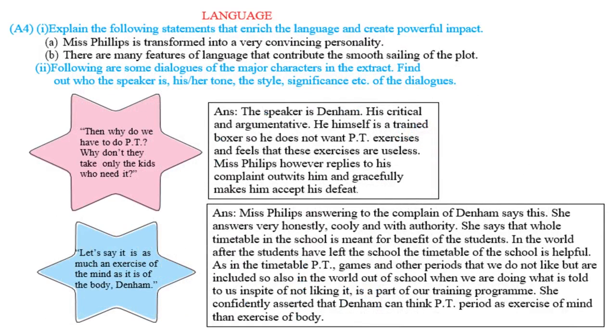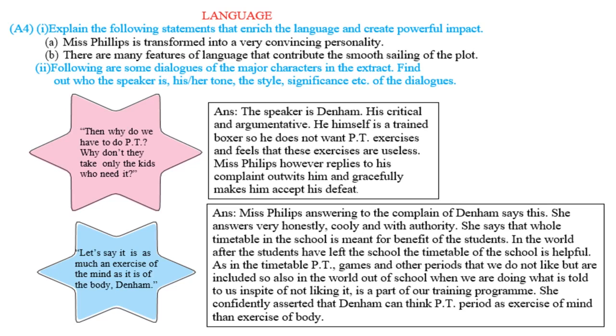Now this is the language part of the lesson. Here explain the following statements that enrich the language and create powerful impact. What kind of language was used by the narrator while writing the novel? You have to see what kind of language was used when Miss Phillips is transformed into a very convincing personality. Means how she is able to express herself while giving the answers to the questions asked by Denham.